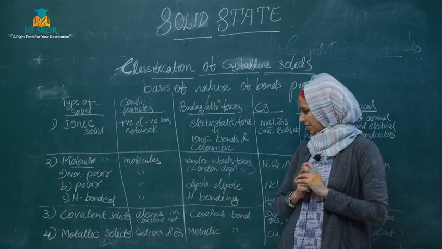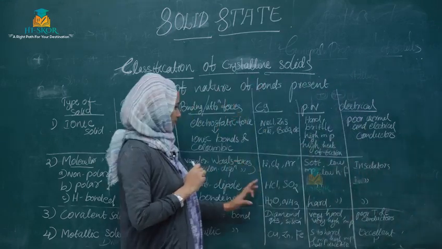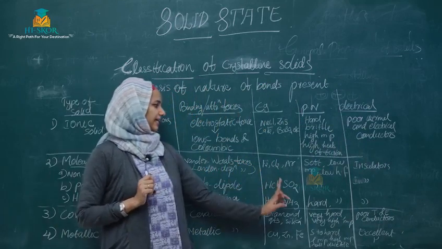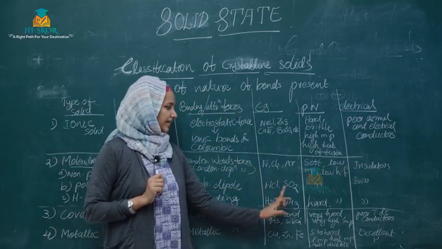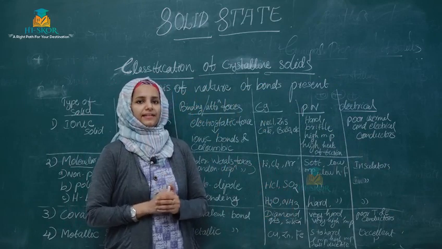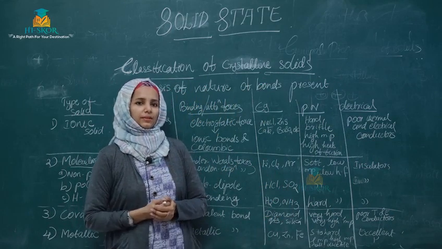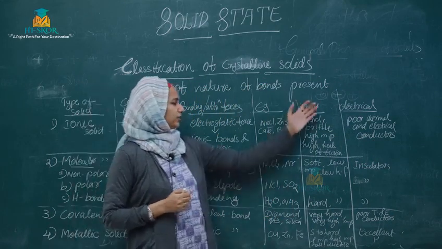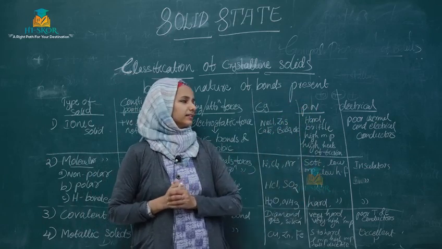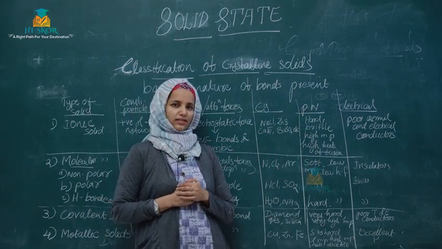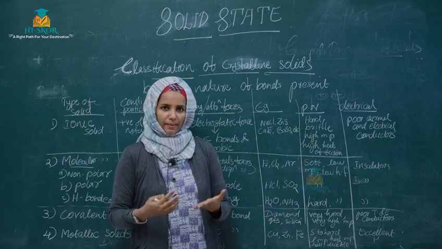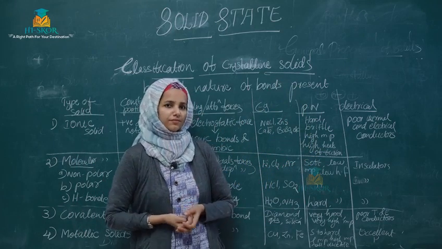Some examples for this are HCl and SO2, etc. They also possess the same physical nature as non-polar molecular solids, that is, they are soft, with low melting point and low heats of fusion.